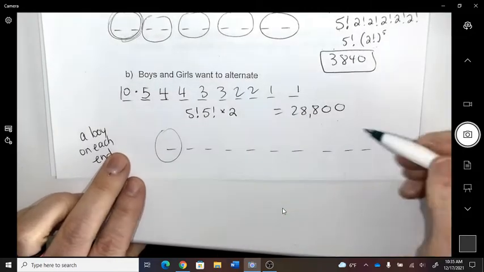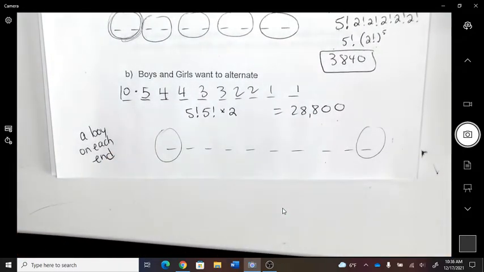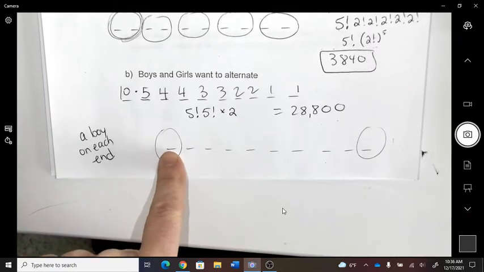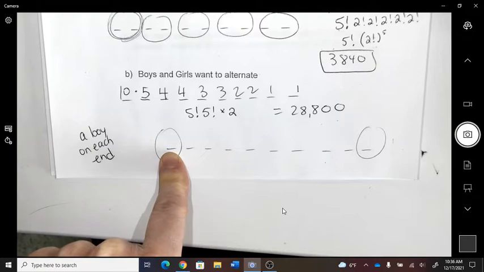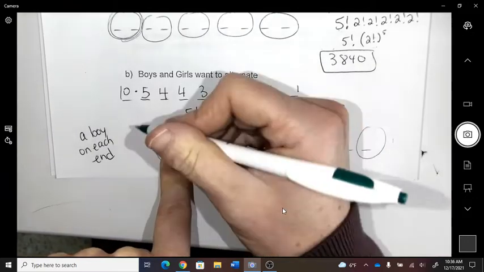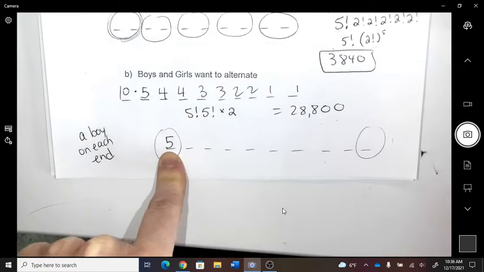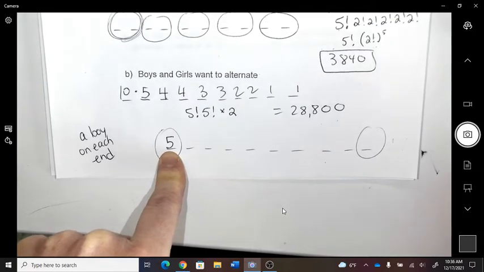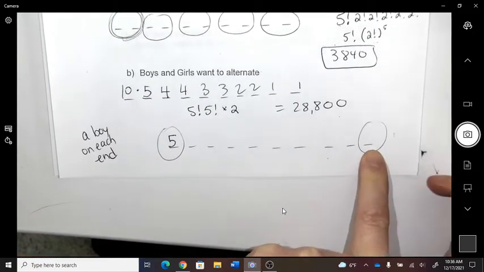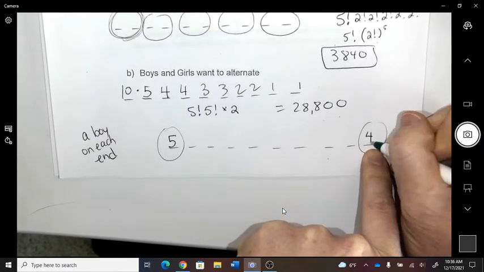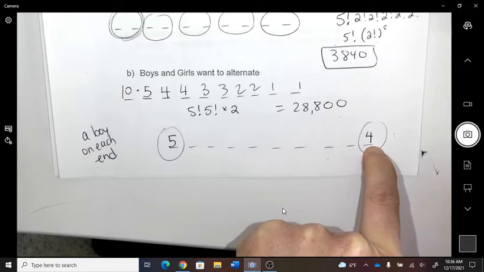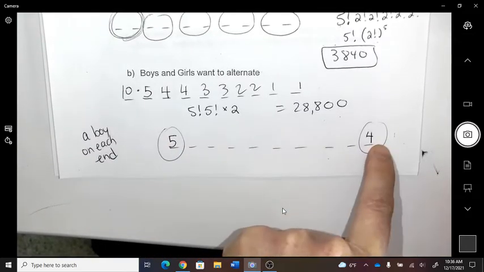Okay, so let's look at the ends. First of all, I'm going to go here. How many options do I have to put somebody on this chair? 5, because I have to put a boy, so I have 5 boys to choose from. Okay, go to the other end. How many options of people do you have now? 4, because you have to put a boy, but you already put one down.